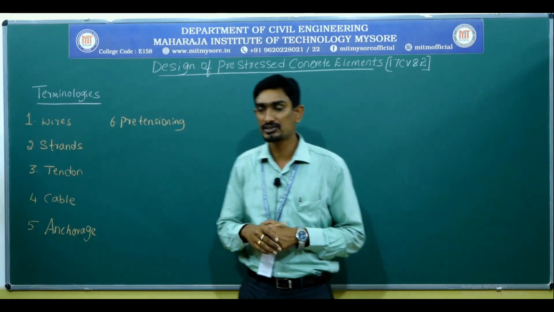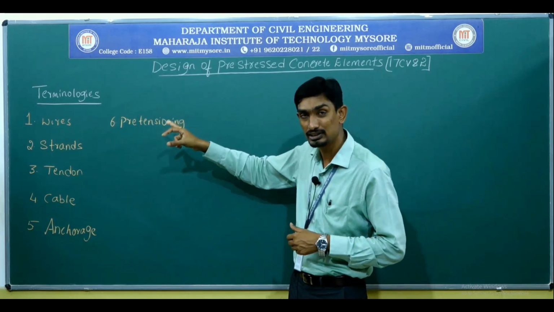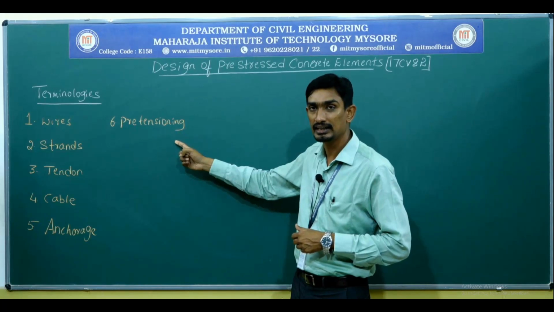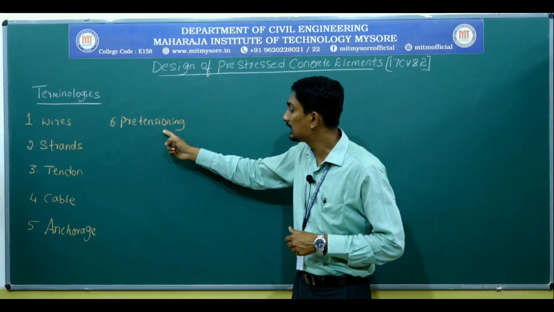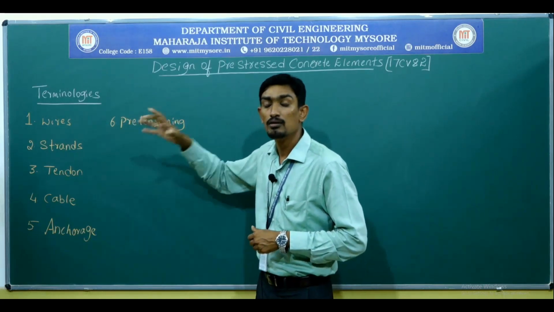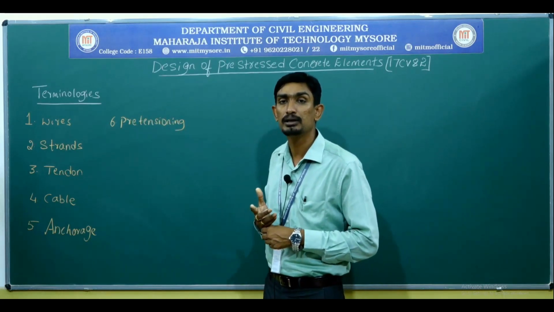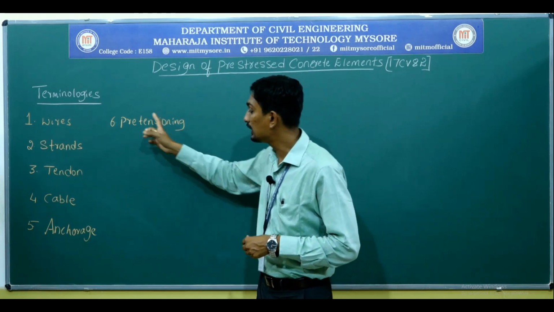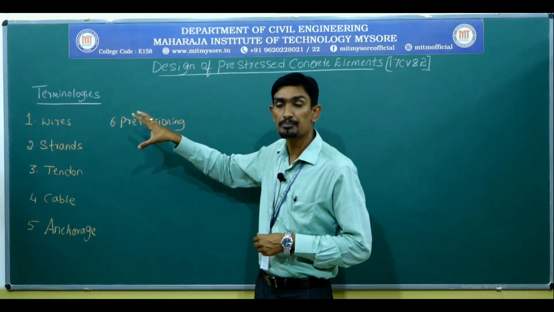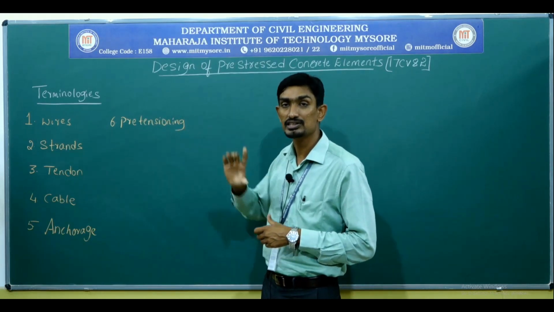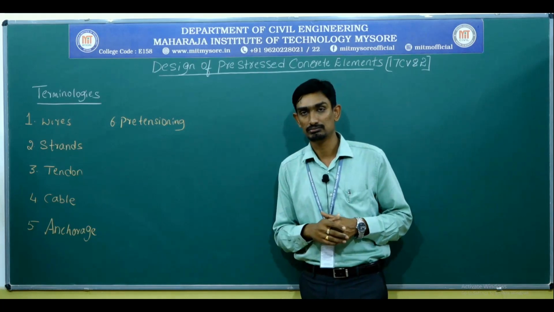That type of system is called pretensioning. As the name itself indicates, tensioning the tendon before the concrete is placed. Before the concrete has been placed, I am going to tension the tendon. That type of system is called pretensioning prestressing system or pretensioning.